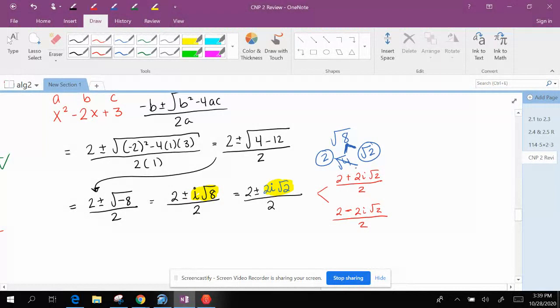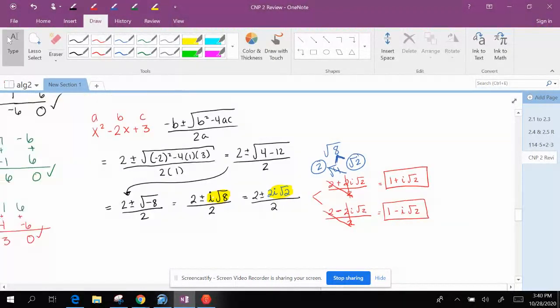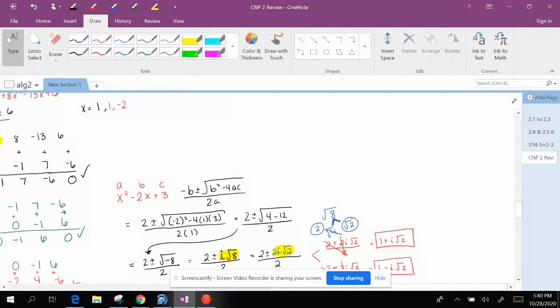Now we can start canceling out. These cancel out and those cancel out. So you're really just left with 1 plus i radical 2 and 1 minus i radical 2. Your final two zeros out of all 5. We can add them up here to our answers. And 1 minus i radical 2.